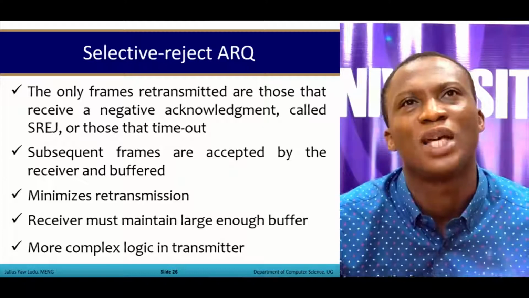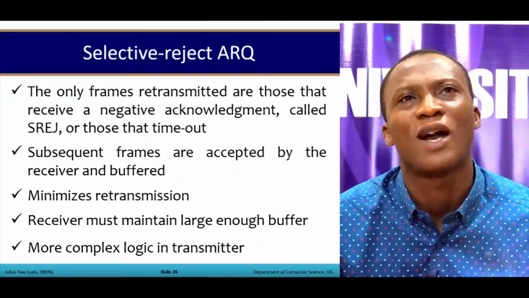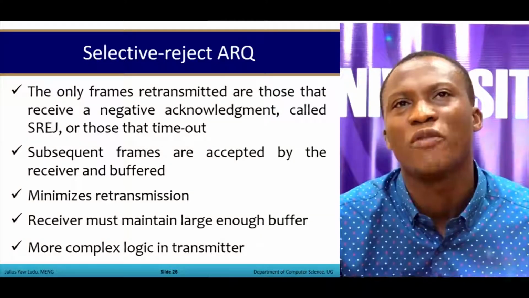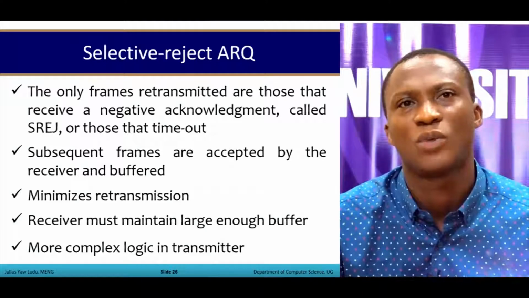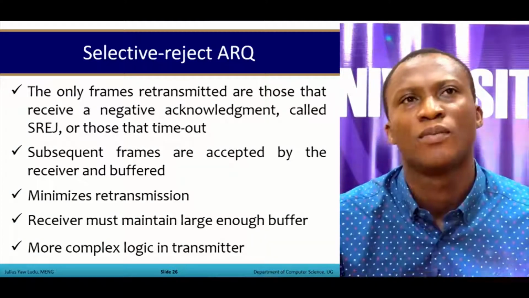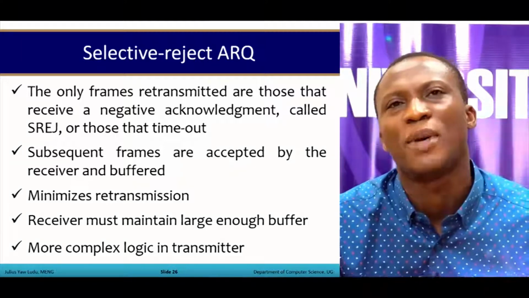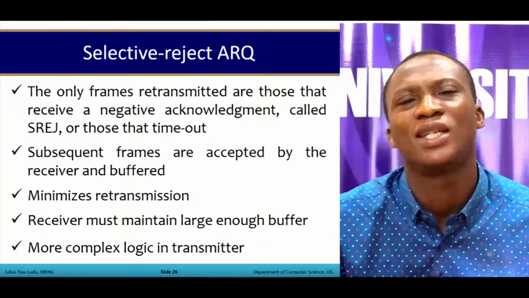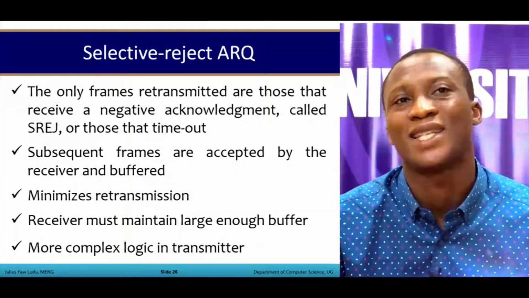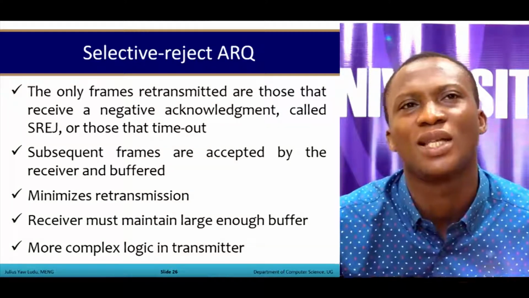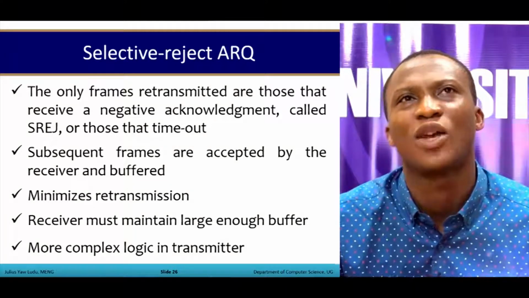But in the selective reject, we only reject frames that have negative acknowledgements. Subsequent frames are accepted by the receiver and are buffered, or kept in storage. This minimizes retransmission, and the receiver must maintain a large enough buffer to be able to contain those subsequent frames that were accepted. Of course, it's expected that there's a more complex logic that will be implemented in this kind of transmitter.